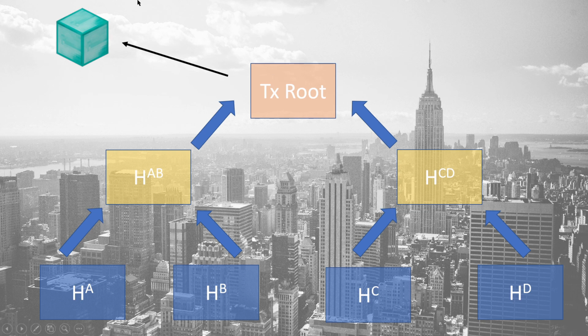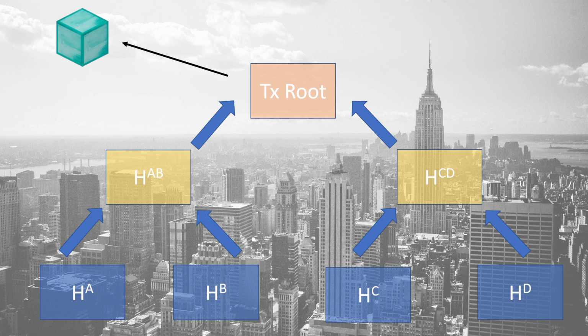So maybe you got a hash HA for data A, and HB for data B. So now HA and HB are your data, and you are going to calculate the hash of HA and HB, and that is going to give you a hash, HAB.